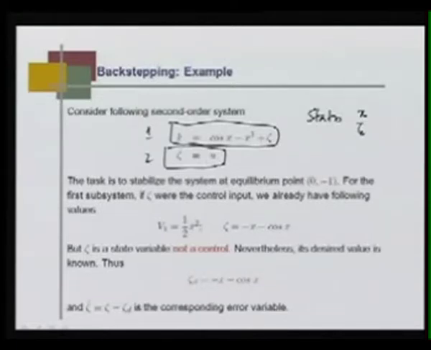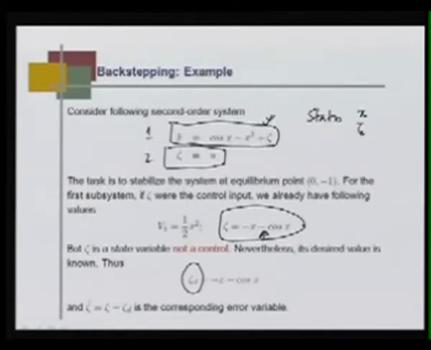Nevertheless, its desired value is known. So, what is the meaning of that? If xi follows this trajectory, then this is stabilizable. So, the desired xi d is minus x minus cos x. If xi follows this trajectory, minus x minus cos x, then the first subsystem is stable, that is very clear.